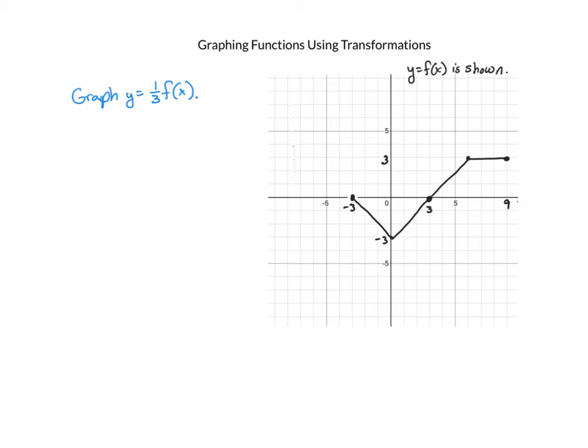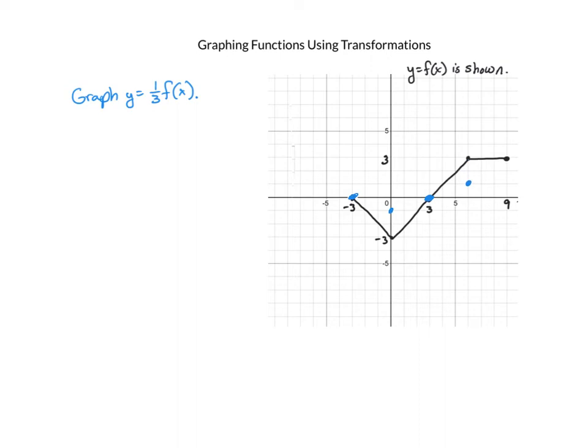I'm going to take the points at -3 and 3 and leave them right where they are. But everything else will be compressed to be 1/3 as big as it was. So -3 is now at -1. This point right here that was at 6,3 is now at 6,1.